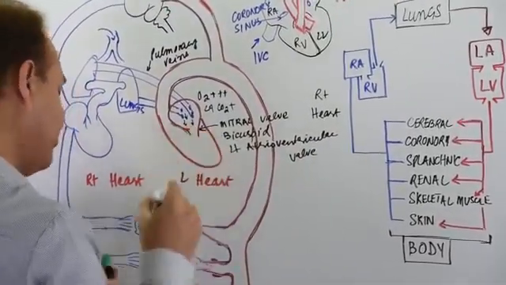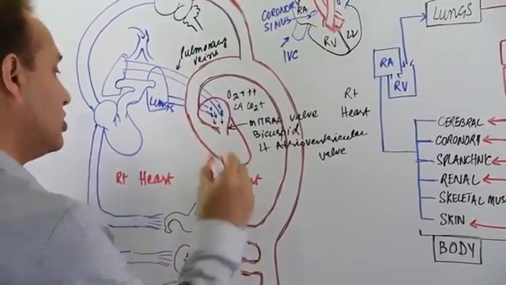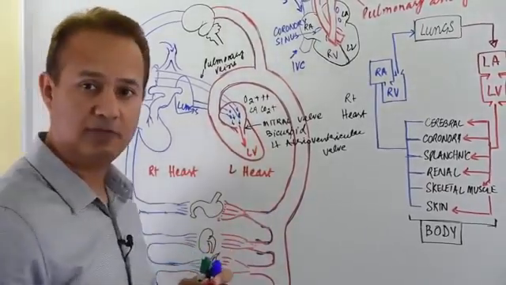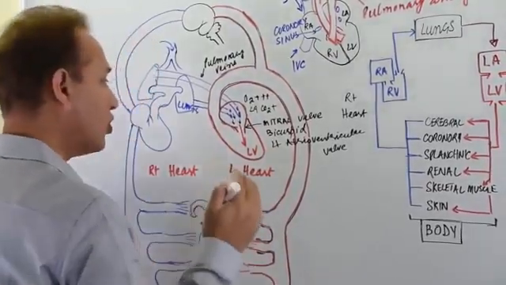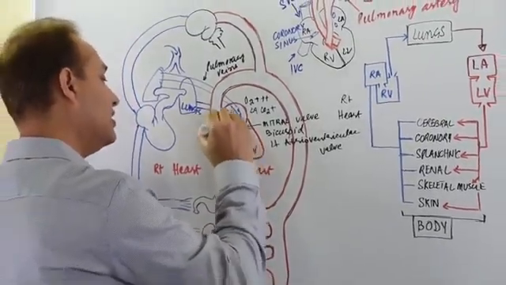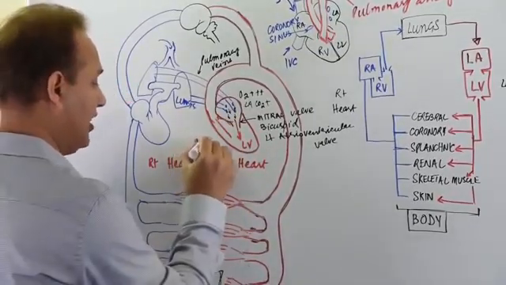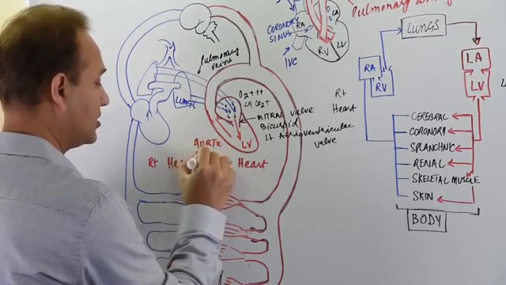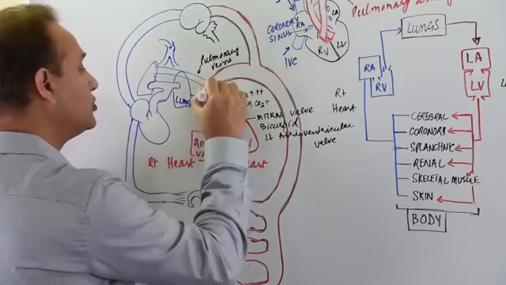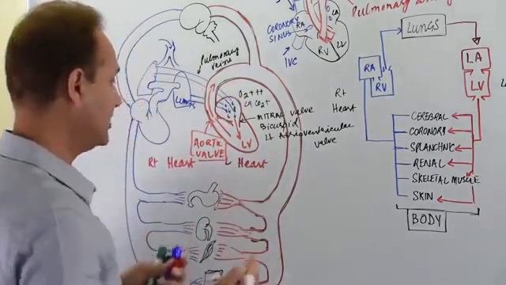Through this valve, the blood flows from the left atrium to the left ventricle. Again, the composition is similar, more oxygen and less carbon dioxide. From here, the oxygenated blood now passes through the aortic valve into the aorta. From the aorta, the blood will then be supplied to the rest of the body tissue.